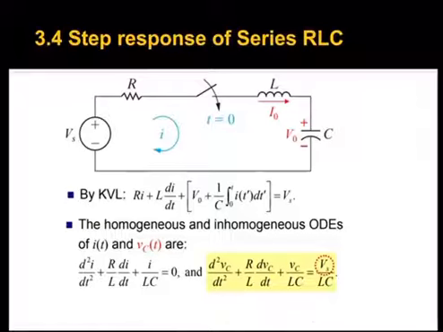Okay, if you look into the details of how you analyze the circuit, we analyze the circuit by using KVL, similar to what you have done with the series RLC circuit, because now you share the same current. So we have the voltage drop at the resistor, Ri, plus your voltage drop at the inductor, which gives you L di/dt, plus V0 plus 1 over C integration of i dt, which equals your total voltage supply.